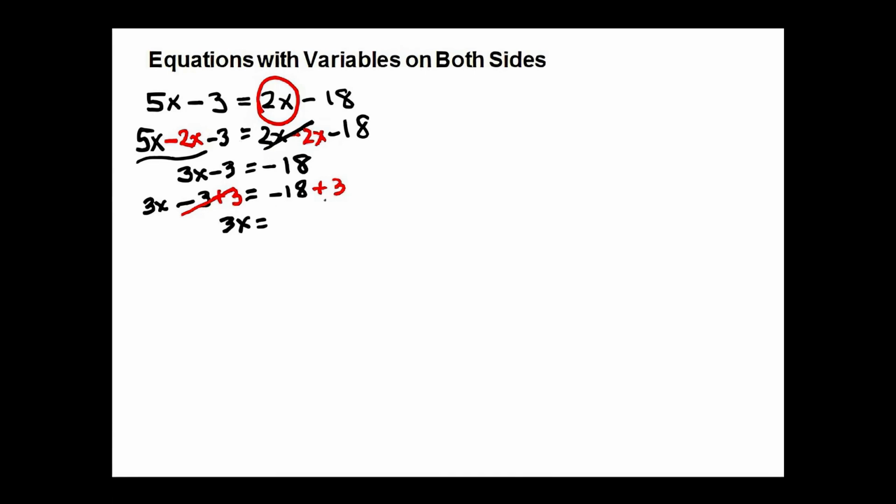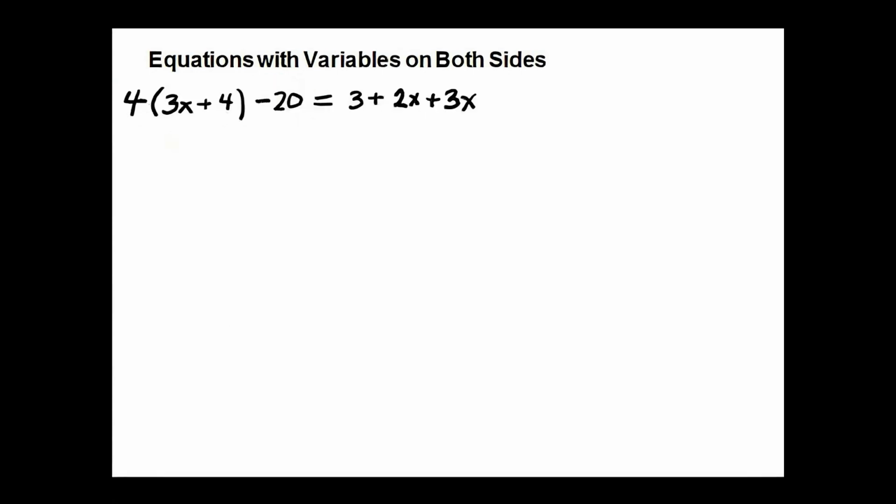Watch your signs on this side. We have different signs. Subtract, sign of the larger. And then go back on this side with the variable. We need to divide out that coefficient, which is 3 on both sides. And that will give us x equals negative 5.